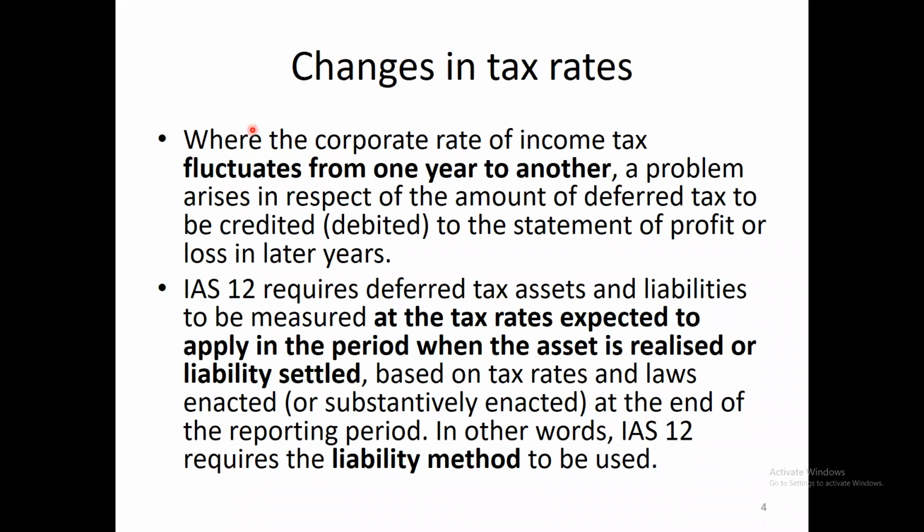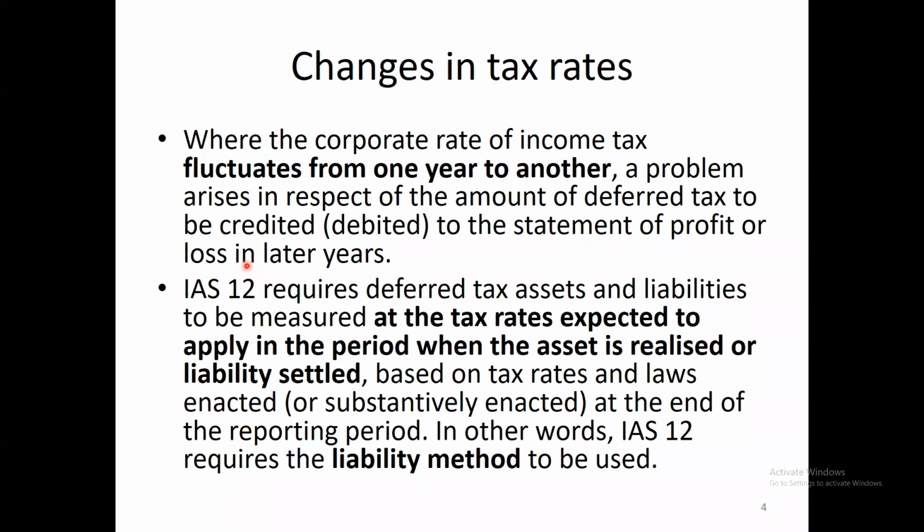So how do we accommodate the changes in tax rate in accounting? Where the corporate income tax rate fluctuates from one year to another, a problem arises in respect of the amount of deferred tax to be credited or debited to the statement of profit or loss in the later year.